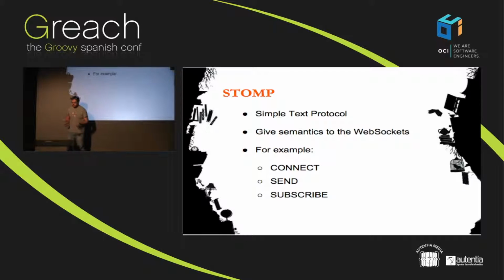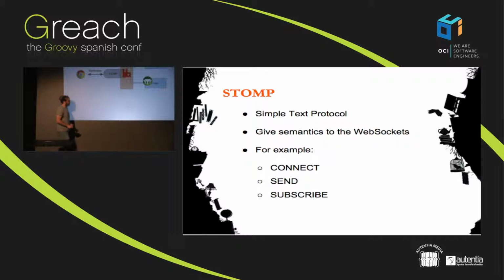It gives meaning to them. And this is the really cool part: with Stomp, Rabbit knows which methods can match to other methods inside its internal protocols. For example, in Stomp we have connect, send, and subscribe, and those are the methods that RabbitMQ knows and can process.